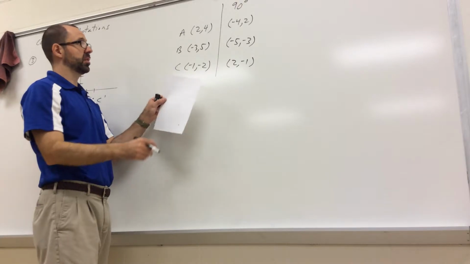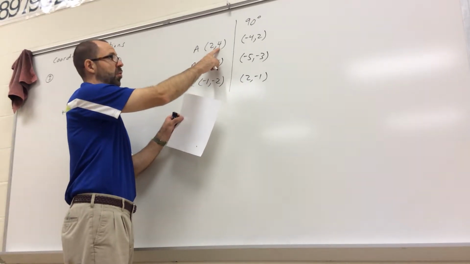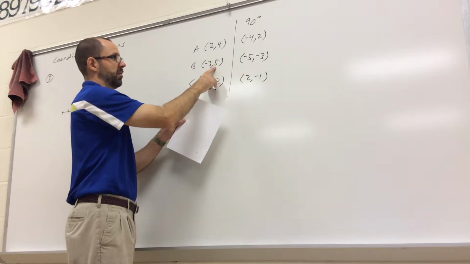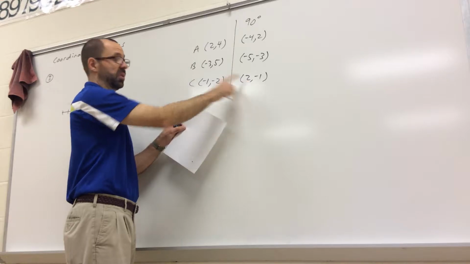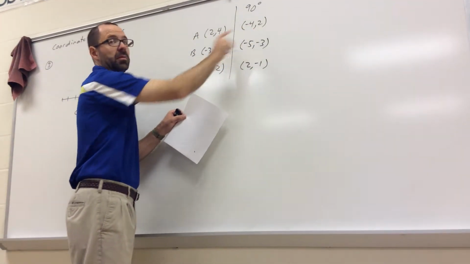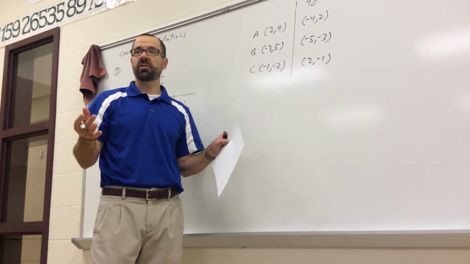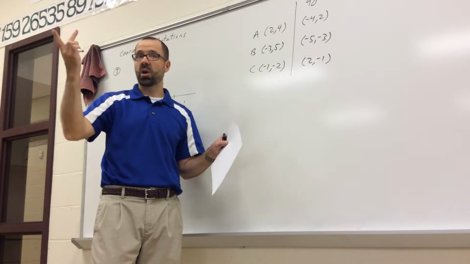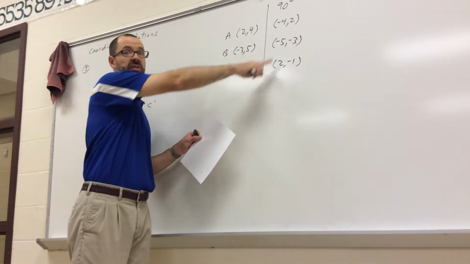And then second of all, this number is changing to opposite. So 4 is going to negative 4, 5 is going to negative 5, negative 2 is going to 2. But this one's staying the same. So we'll put that on the note card eventually. A 90-degree rotation, the X's and the Y's swap, and the first number stays, second number switches to opposite.